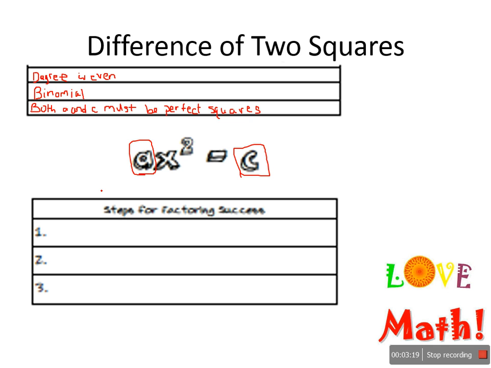So now the steps for factoring. The first thing we're going to do is make 2 sets of parentheses. And then the second step is we're going to put a positive and a negative sign in the parentheses, a plus and a minus.